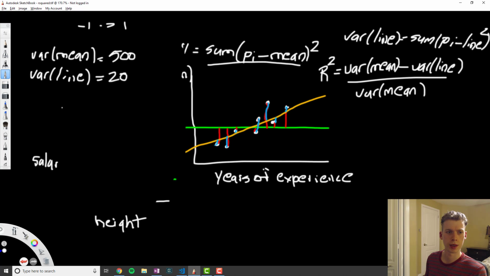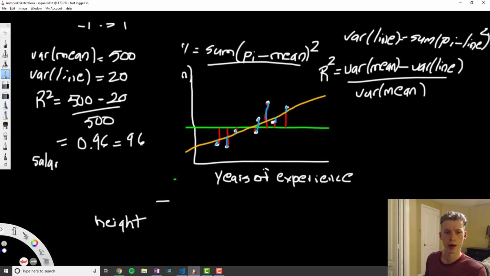Using this formula right here, we get R squared is equal to 500 minus 20 over 500. And that gives us 0.96 or 96%.